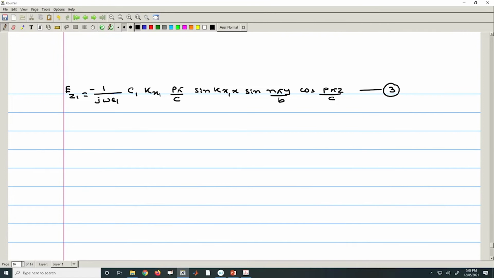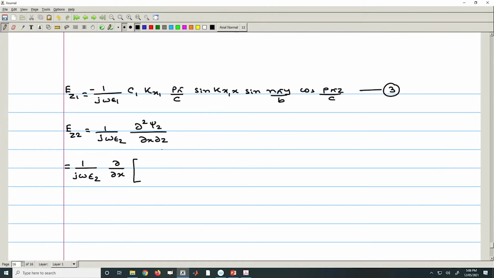Now we will find out Ez2. Ez2 will be 1 upon jωε2 del square psi 2 upon del x del z. So that is equal to 1 upon jωε2 del x. First we will differentiate with respect to z and then with x.